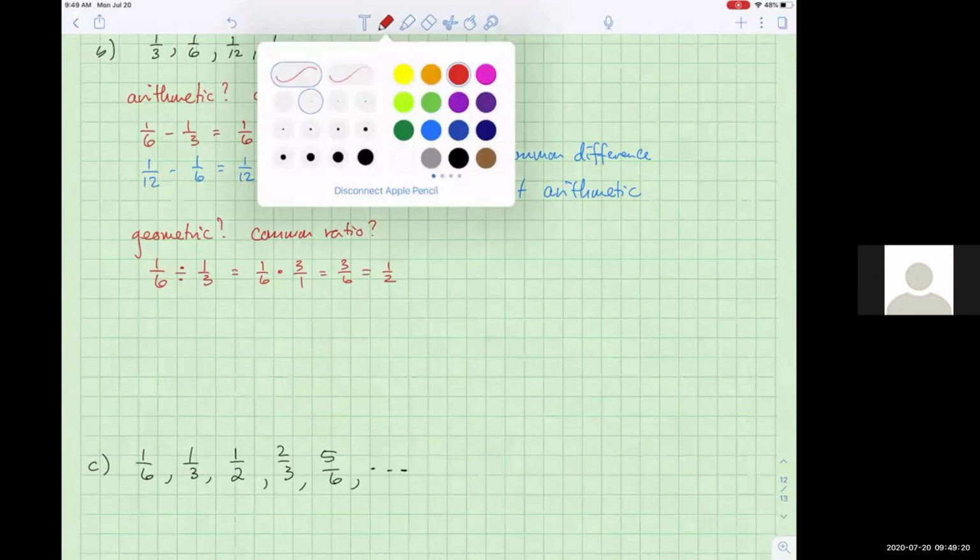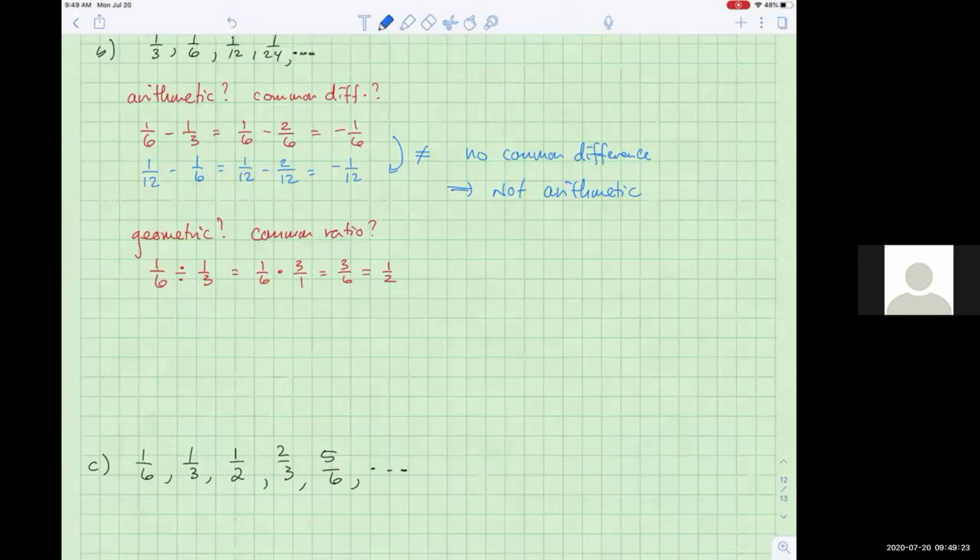All right, that was the first two. Let's do the second two. 1/12 divided by 1/6 is equal to 1 over 12 times 6 over 1, 6 over 12, and aha, we did get 1/2.